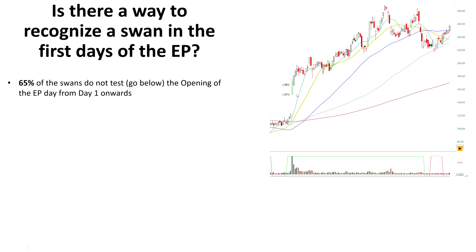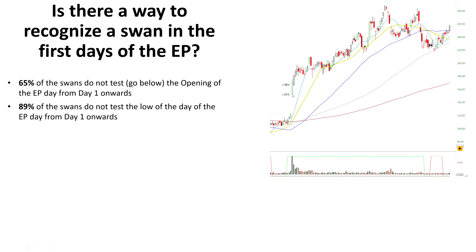Knowing that day 1, 2, 3, 4 is an event when the EP tests the area, if it doesn't even come to test it, it's already an insight that it may be a swan. 89% of the swans do not test the low of the day of the EP day. So an even higher share of the swans don't even come to the low of the day.